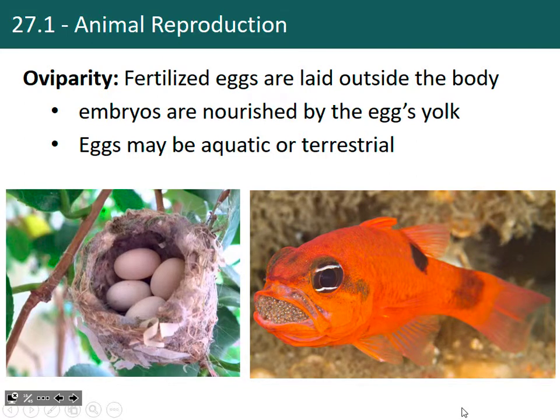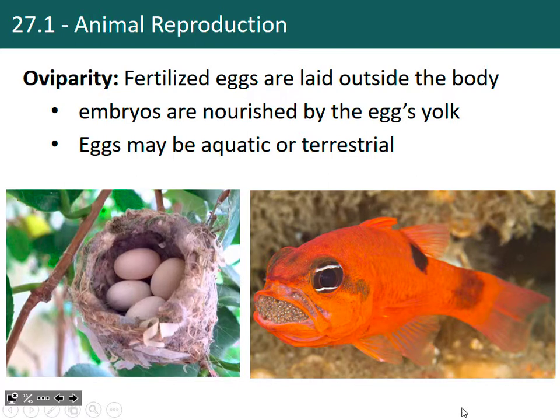Okay, so let's talk a little bit about what happens when those eggs are fertilized, how those eggs are treated. And so we have some terms for whether the eggs are laid external to the body or the eggs are housed within the body. So oviparity means that once the eggs are fertilized, they are laid outside of the body, or in some cases, they were fertilized outside the body already, right?